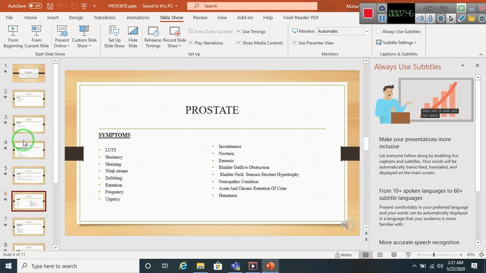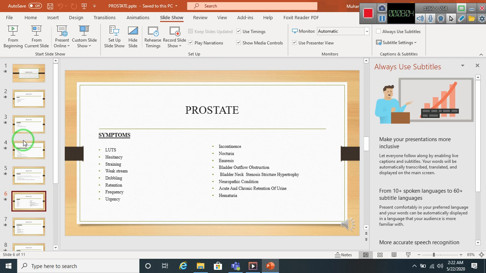There is nerve damage. Acute and chronic retention of urine. When the case is of shorter duration, it is acute retention, and when the case is of longer duration, more than 3 months or 6 months, then it is chronic retention of urine.